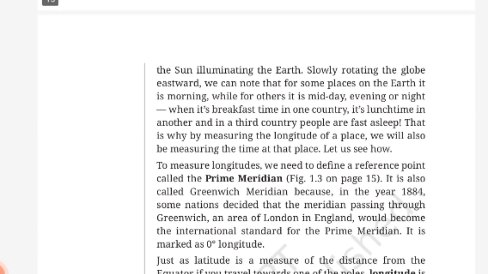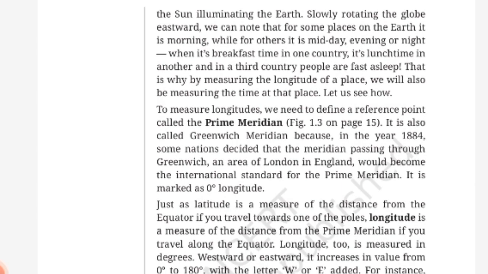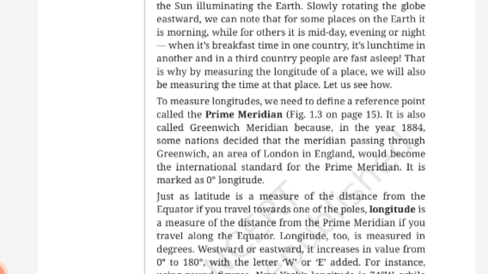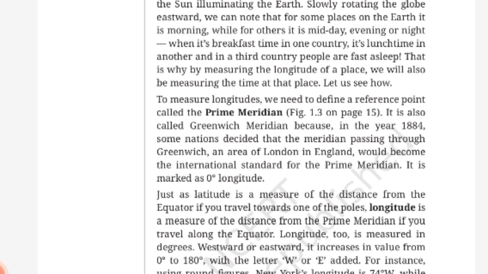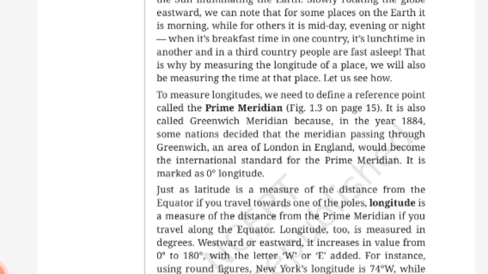We can note that for some places on the earth it is morning, while for others it is midday, evening or night. When it's breakfast time in one country, it's lunch time in another, and in a third country, people are fast asleep. That is why, by measuring the longitude of a place, we will also be measuring the time at the place. Let us see how.